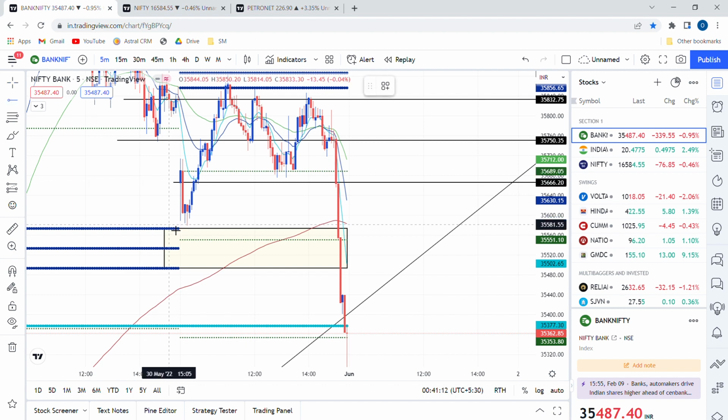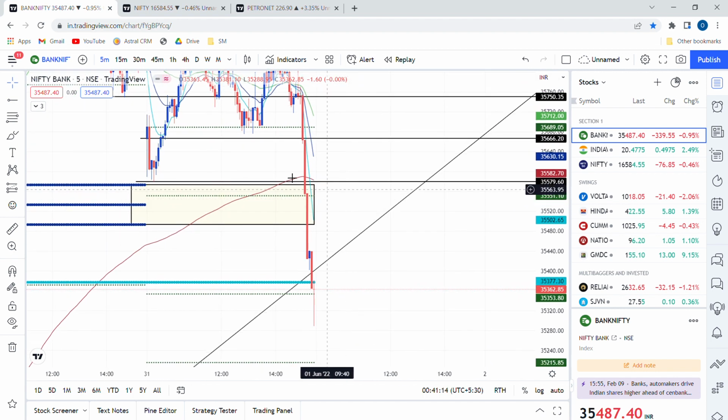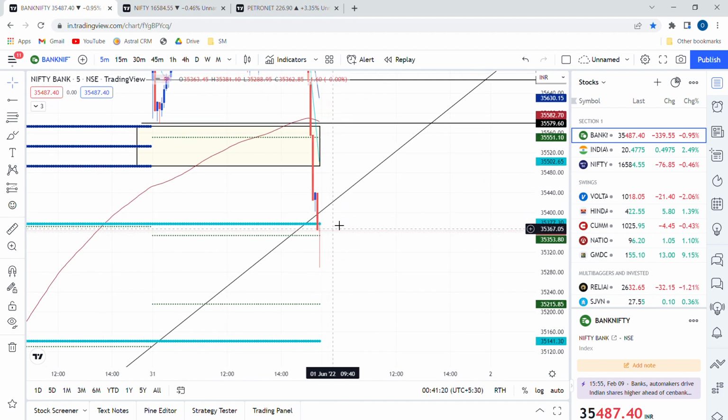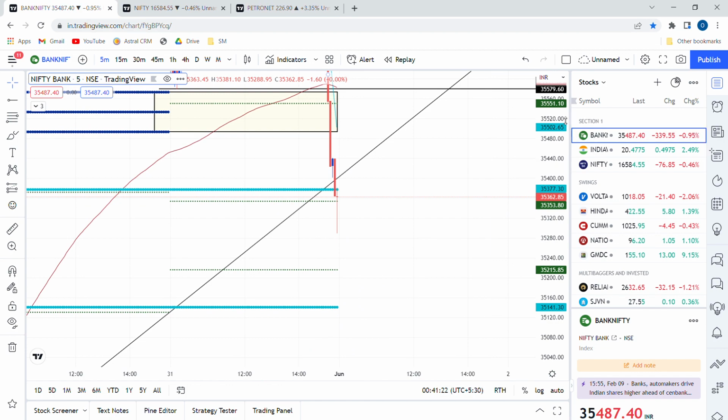So this was the initial balance low of the day, and it eventually broke this area as well as the virgin CPR to touch this pivot, or you can say the daily pivot, which was here.